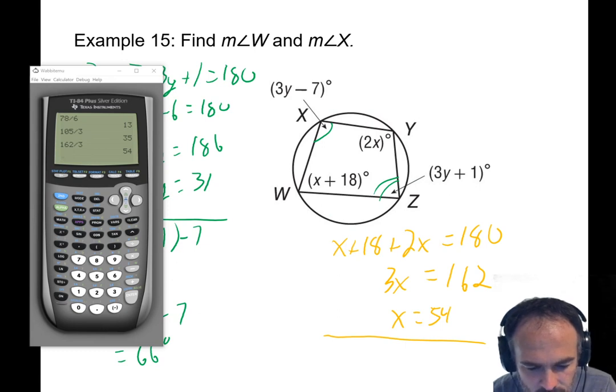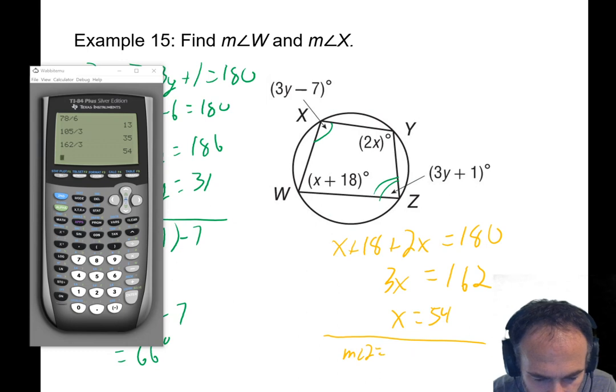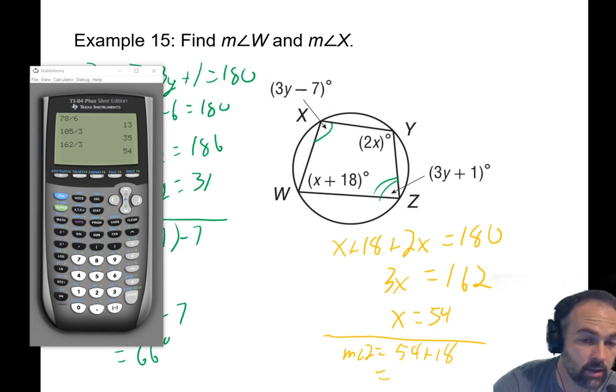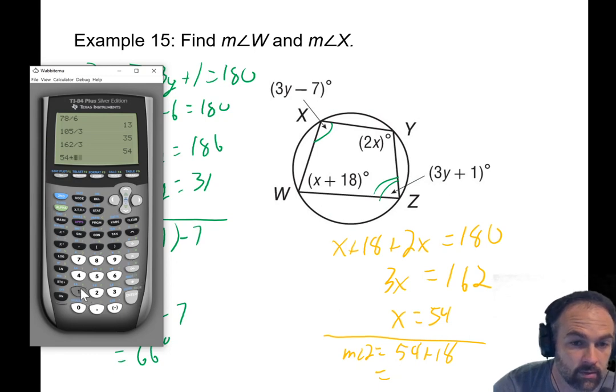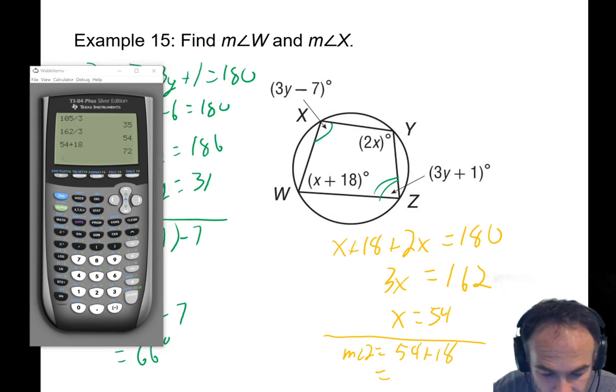Now for the measure of angle W, that equals 54 plus 18. And yes, I'm going to type in 54 plus 18 in the calculator because it is now midnight. Oh, see, I can't even type right. 54 plus 18 is 72 degrees.